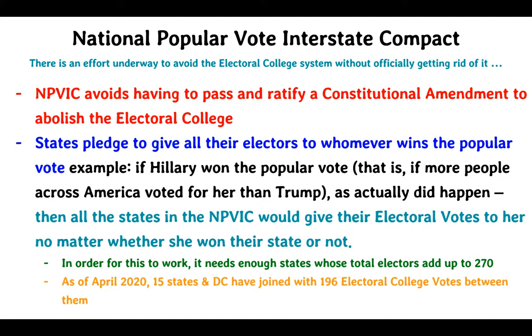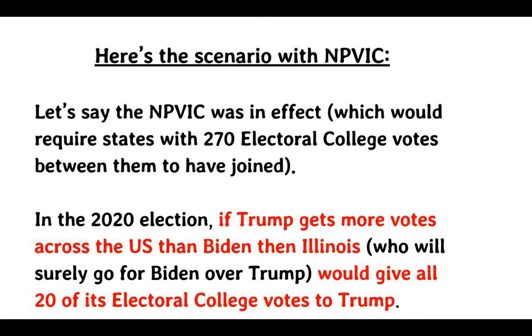Okay, I'm going to give you one more example of how this would work, to make the NPVIC a little more clear, hopefully. Here's the scenario. Let's say that the NPVIC was in effect, which I told you it's not yet because it doesn't have 270, but let's say that states with 270 Electoral College votes joined. In the 2020 election, if Trump gets more votes across the United States than Biden, that means if he wins the popular vote, then Illinois, which we know is going to go to Biden over Trump, would give all 20 of its Electoral College votes to Trump.